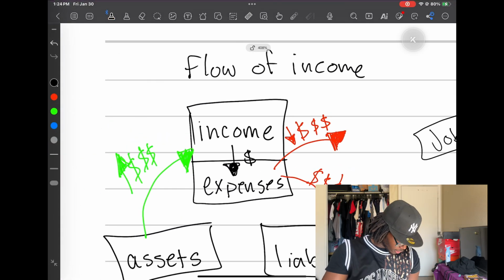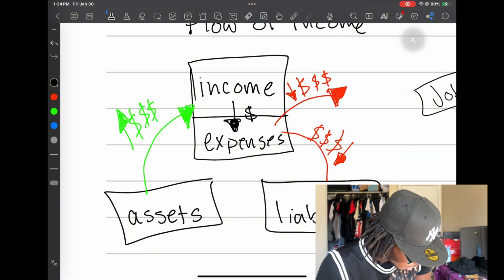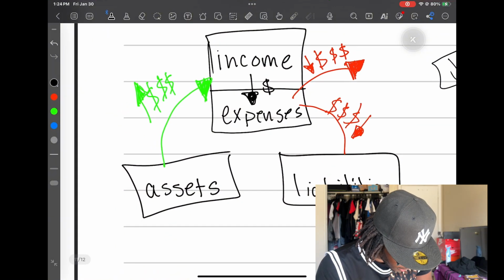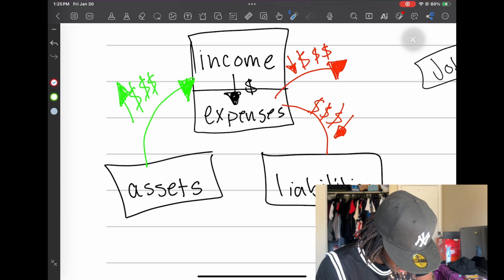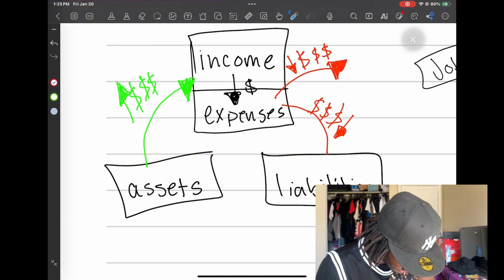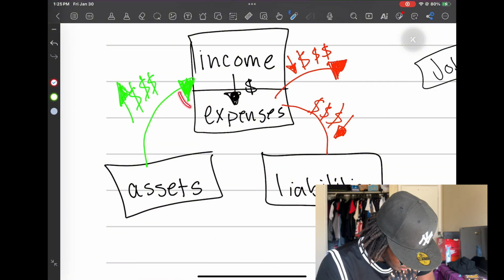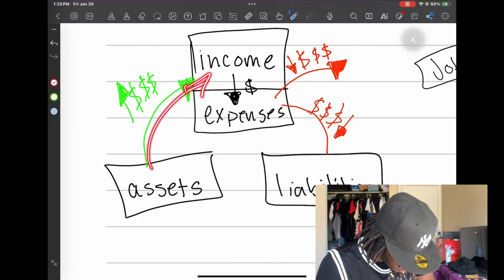Now let's look at the old one I made. The flow of income, right? Because this is what we just talked about. So you have income from your job, and then you have assets. The income here is if you have no job. Income has your assets giving you money, right?